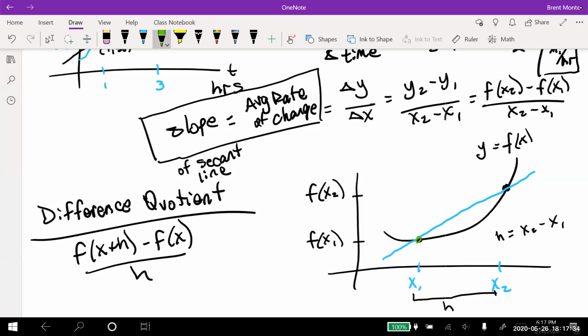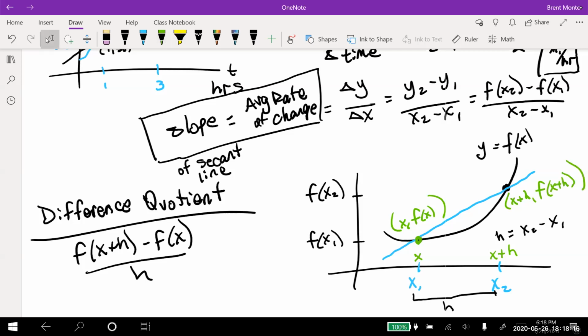I can take this first value and just call it x, because then this is going to be the point x comma f of x. This point, I just want to leave in terms of x. I don't want 2 different x values. So I start at x, but then I add h to it. So this point is the same x, but it's h away from it. So it's just x plus h, which would make this point up here x plus h, comma, f of x plus h.